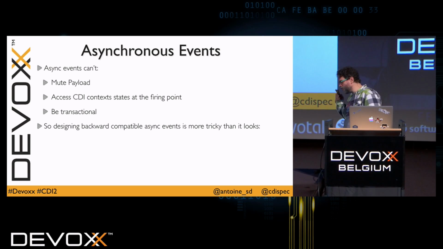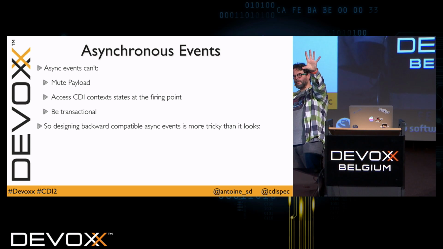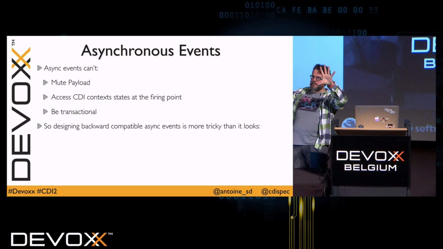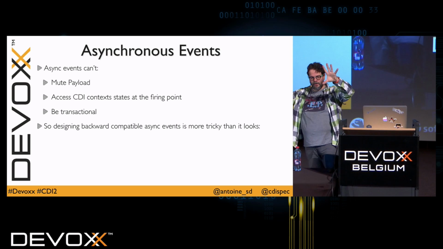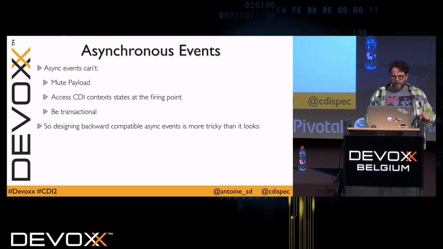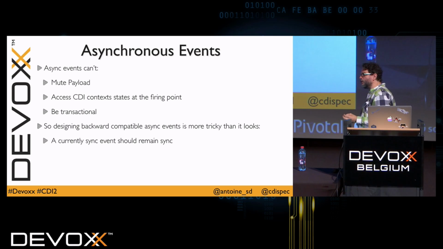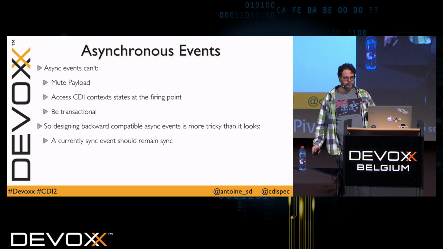So, to sum up, you take the constraints from the synchronous events and the constraints we decided on for the asynchronous events. If we want backward compatibility, all the synchronous events today should remain synchronous.